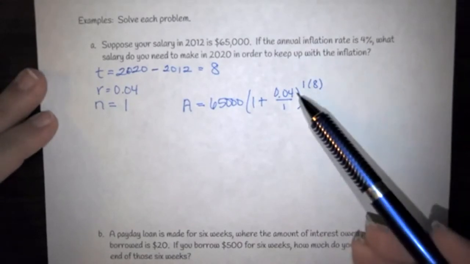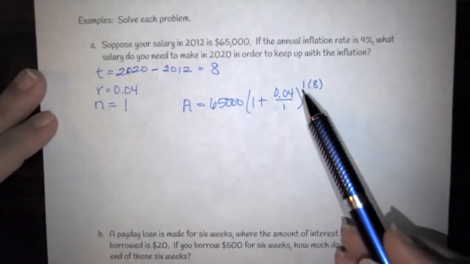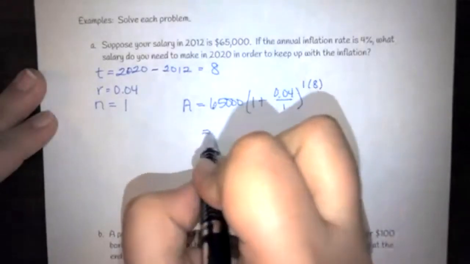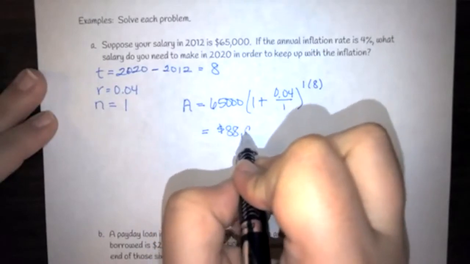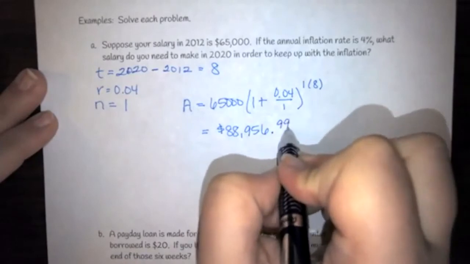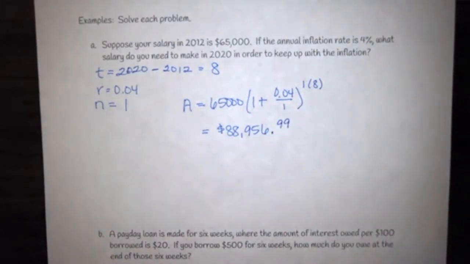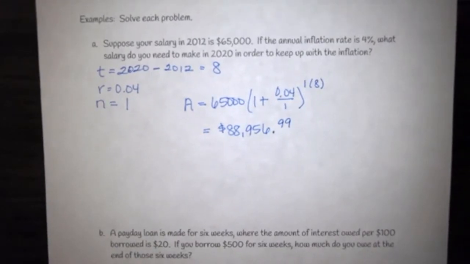So 0.04 divided by 1, hit enter, plus 1, hit enter, raised to the 1 times 8, hit enter, times 65,000. And you should come out with $88,956.99. So that's what your salary should be if you were going to keep up with that inflation rate. Nice, huh?